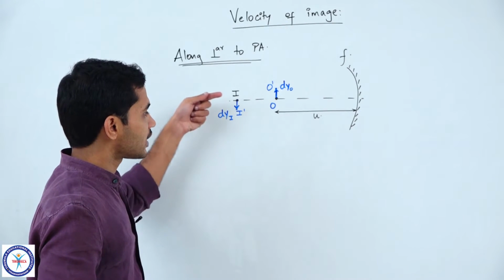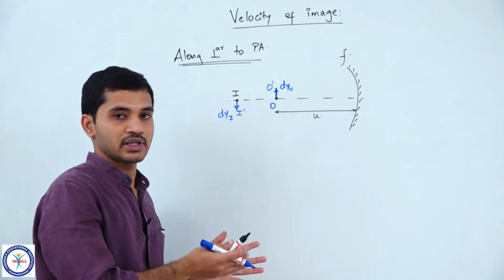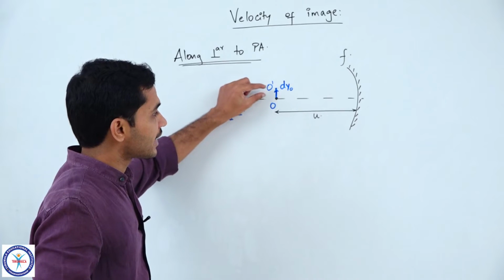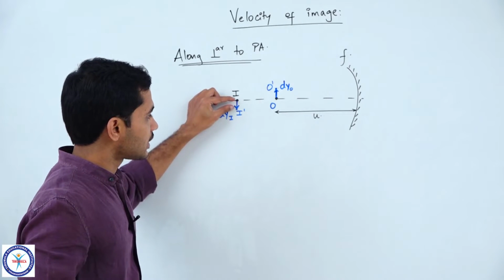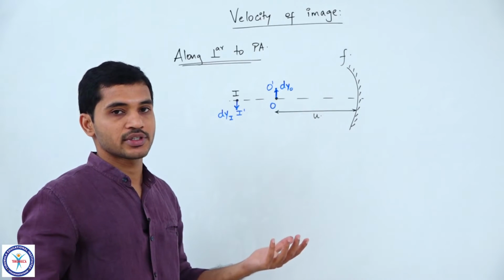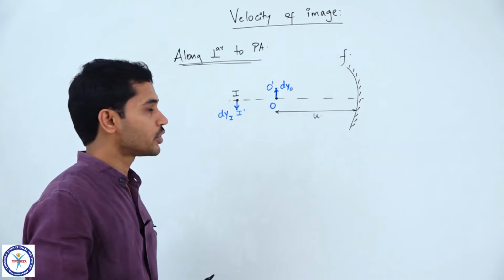Now, instead of taking them as two different positions of object and image, as we have done in this analysis earlier also, we can consider this whole distance as one object. In that case, this whole distance will be the image height. So, that is the concept which I am going to use here.